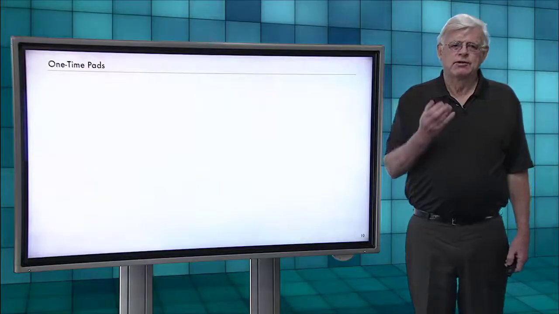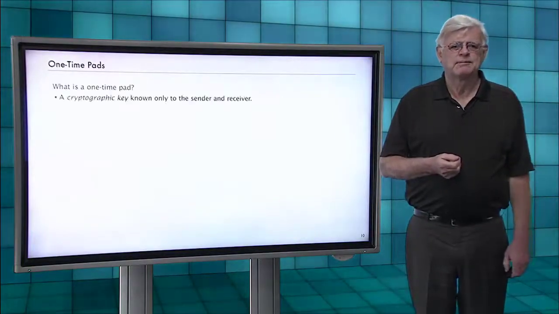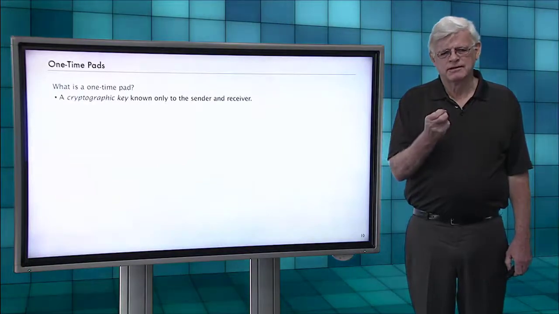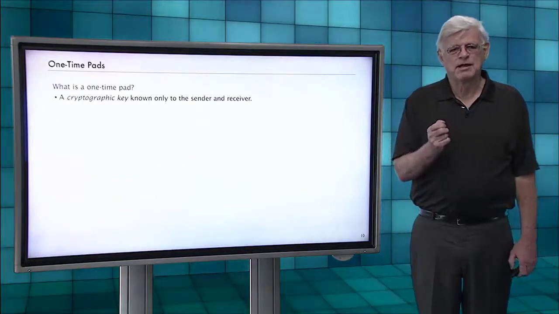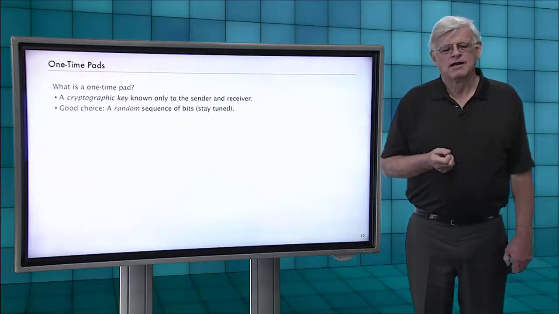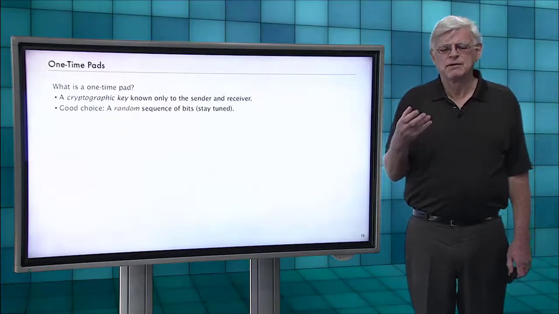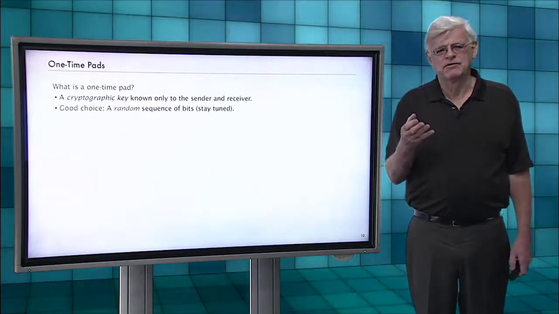So now let's talk about one-time pads. So a one-time pad is a cryptographic key. This is what we want for Alice and Bob. That's known only to the sender and receiver. And a good choice for a one-time pad is a random sequence of bits. And we have to talk about what that precisely means.